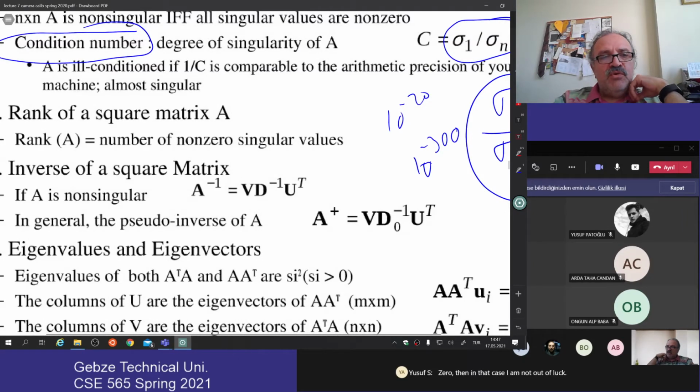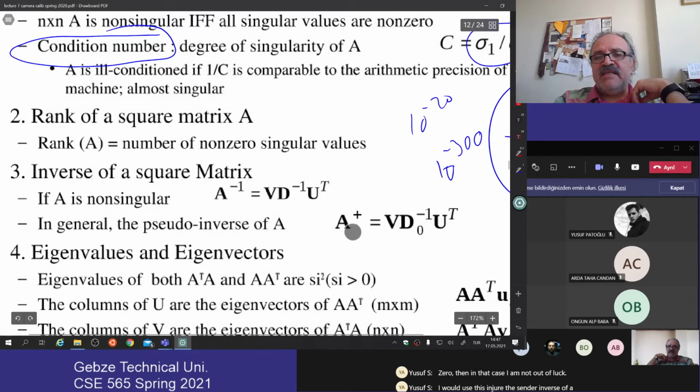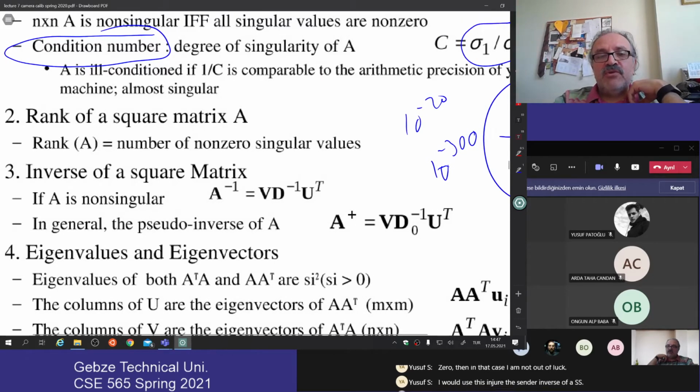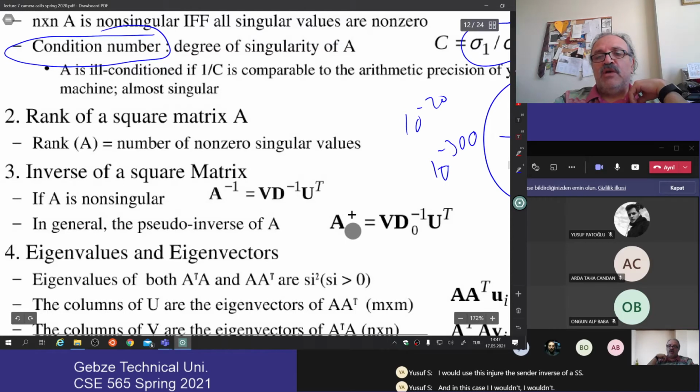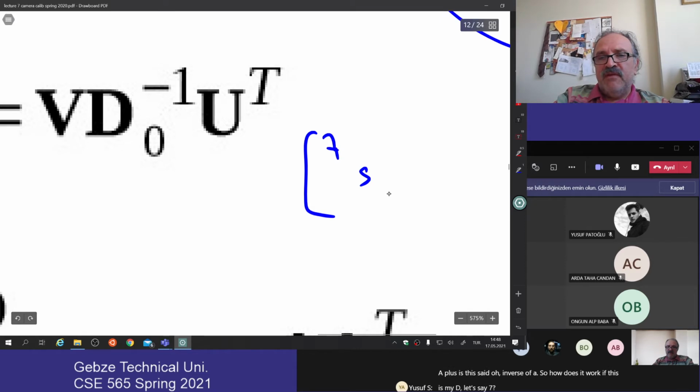I would use this in general. The pseudo inverse of A is this, and in that case I wouldn't show it as A to the minus 1, but as A plus. A plus is the pseudo inverse of A. So how does it work? If this is my D, let's say 7, 5, and 0, this is a singular matrix, right?